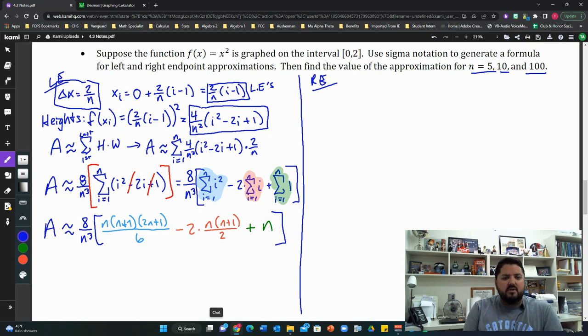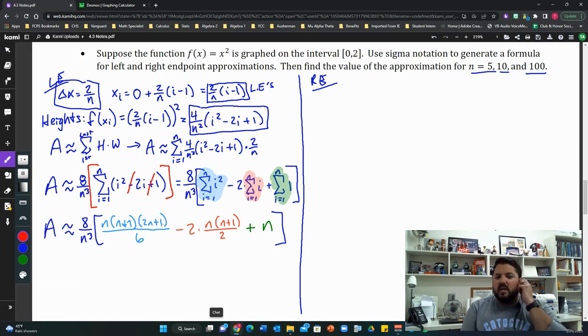So now all we have to do is go through and clean this up as much as possible. To do that, we're going to do some expansion inside, and then distribute this 8 over n cubed. I'm going to do a little bit of math for us just to help speed the process along.